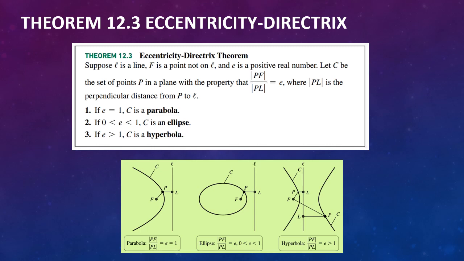Let C be the set of points in a plane, this is just the graph, with the property that PF over PL, the distance values or absolute values, equals E, or eccentricity, where PL is the perpendicular distance from the point P on the graph to L. If E equals 1, then the graph C is a parabola. If E is between 0 and 1, a fractional value, C is an ellipse. And if E is greater than 1, C is a hyperbola.